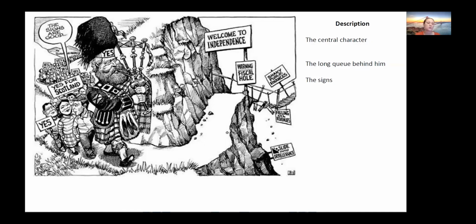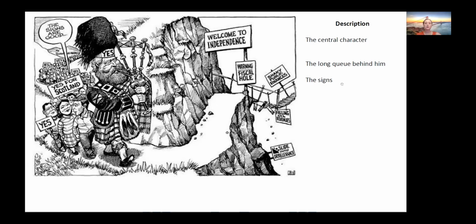So really the mountain seems to be crumbling. The way is not very sure. There is danger everywhere. You have here a warning sign, "slide into irrelevance." The bridge here has also broken planks. So this is really not a safe way, a safe road to go.